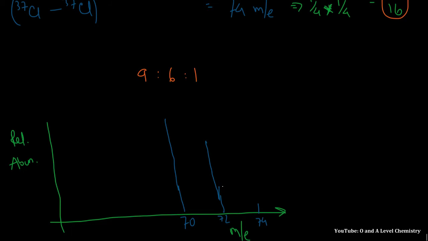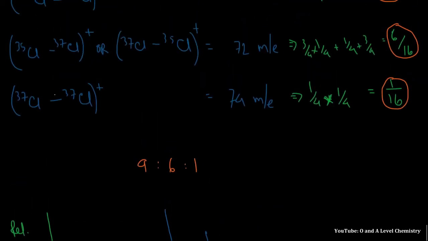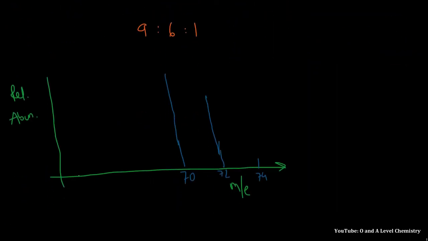And also now, don't forget that we can also have fragments at 35 and 37, right? So there'll be a fragment at 3 by 4, which is supposed to be smaller than 1. It's going to be smaller than this guy. So we're going to have one at 35 and one at 37.